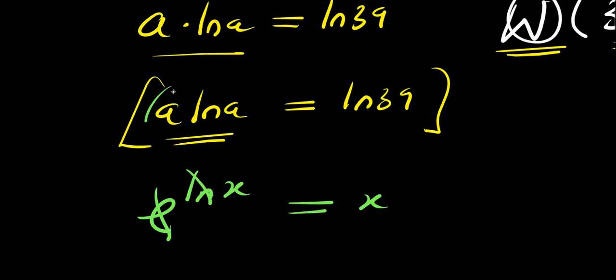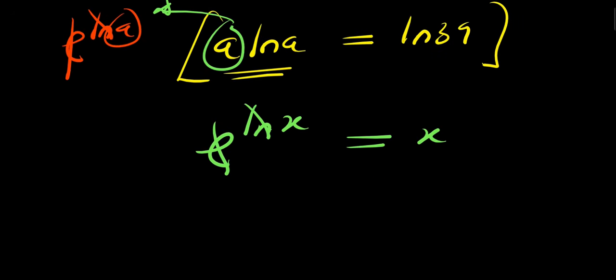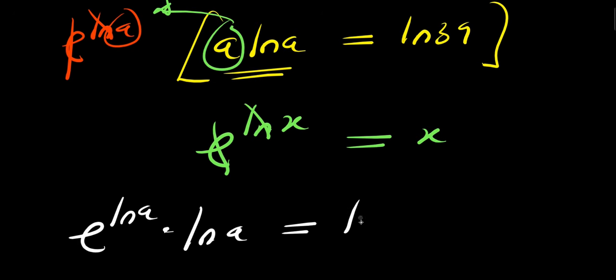Now, considering the fact that we have a here, I can easily replace this a with e power ln a, meaning that the e to the power of ln will cancel out and I have my a left. So let's do that. So what we are going to have left here will simply be e power ln a times ln a equals ln 39.